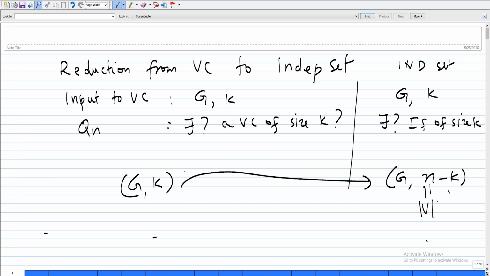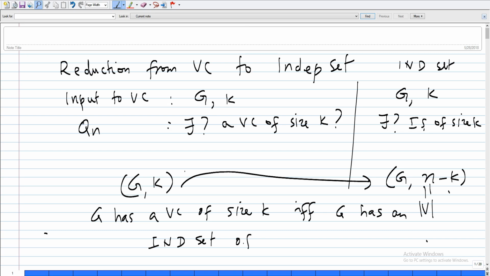And the reason the whole reduction goes through is because G has a vertex cover of size k if and only if G has an independent set of size n minus k, and the reason for this is because the complement of a vertex cover is an independent set. That's it. Okay, so is this clear now?